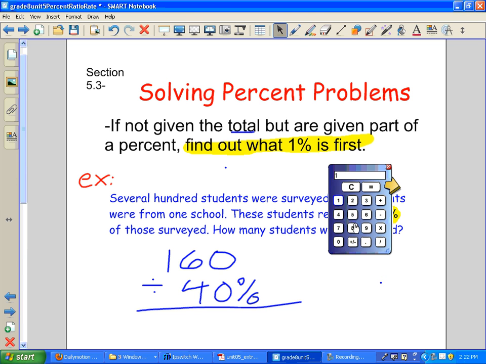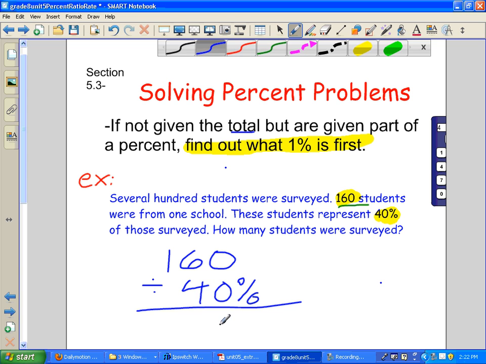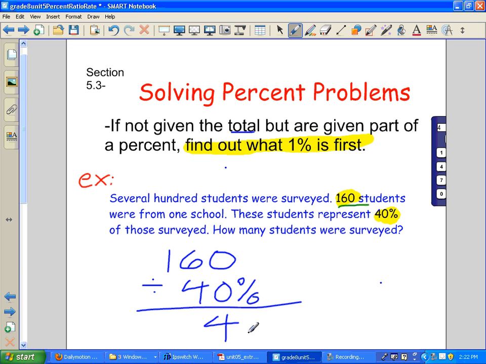So 160 divided by 40 will give me 4 students for 1%. So 1% of the students is 4.